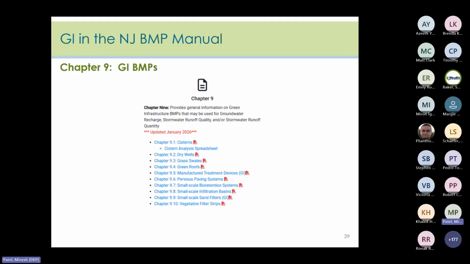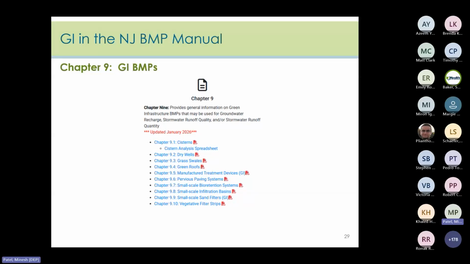Some of these BMPs cannot receive runoff from motor vehicle surfaces and therefore do not address water quality. And those are cisterns and green roofs. Others don't offset the discharge of stormwater runoff from the 2, 10, and 100-year design storms, so they cannot meet the quantity control requirement, like dry wells.